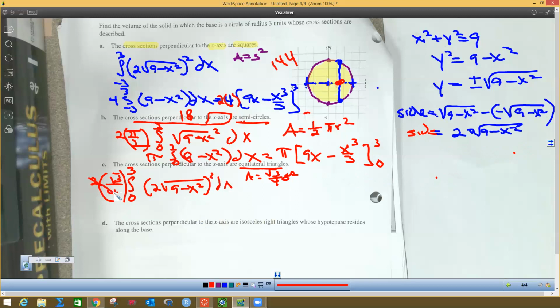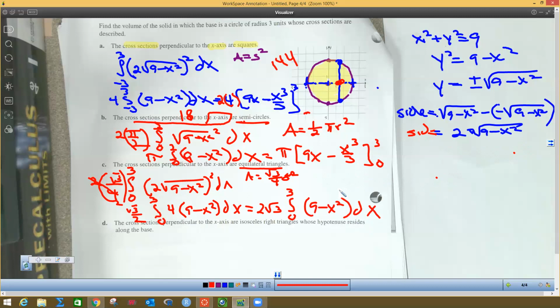So I go ahead and reduce this 2 and this 4 to 2 here, so in front I got a radical 3 over 2. I'm going to leave this 0 to 3, and then I got to square these two parts. So squaring the 2 is a 4, and squaring a square root brings that part out. Then I'm going to bring this 4 out front, so that 2 and 4 will reduce the front part to 2 radical 3. And then I got the integral from 0 to 3 of 9 minus x squared dx.